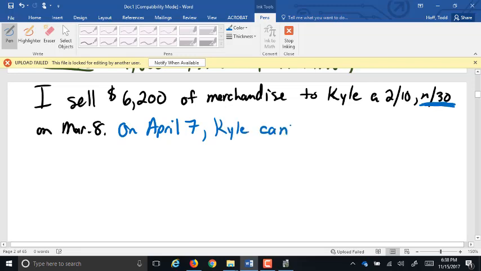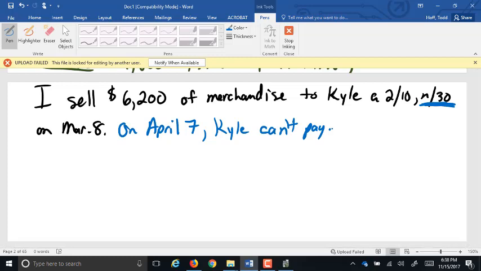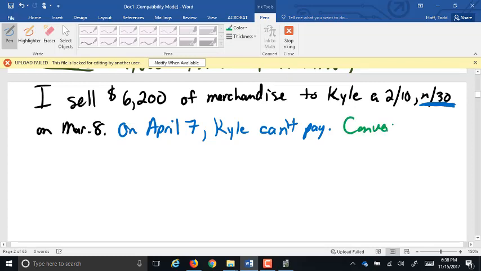On April 7th, Kyle's a deadbeat. He can't pay. Usually in that invoice, part of the invoice contract is at the end of that credit period, if you have not paid, that invoice converts to a 7.9% 90-day note.